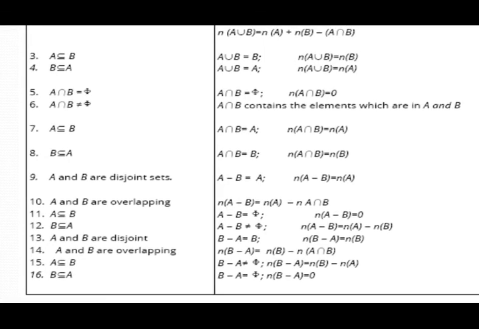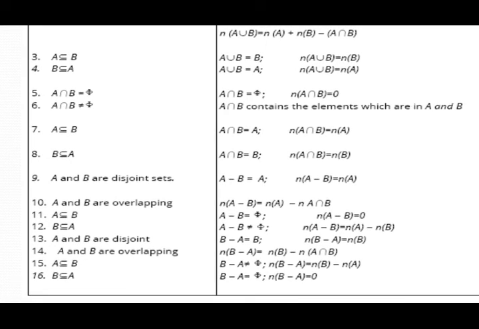A is a subset of B, A minus B is the empty set, and B is a subset of A means A minus B is not empty, because we have done these examples in the last Venn diagram page.